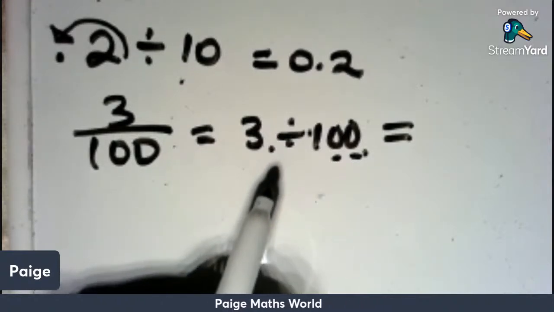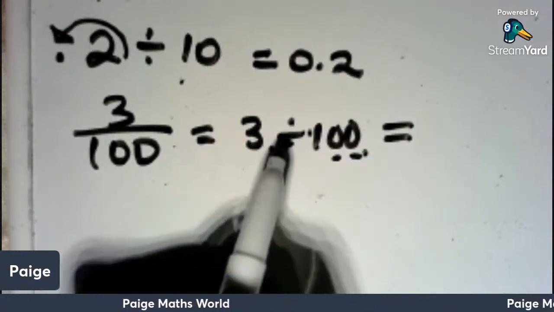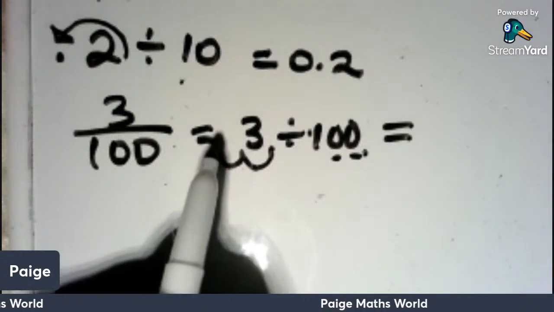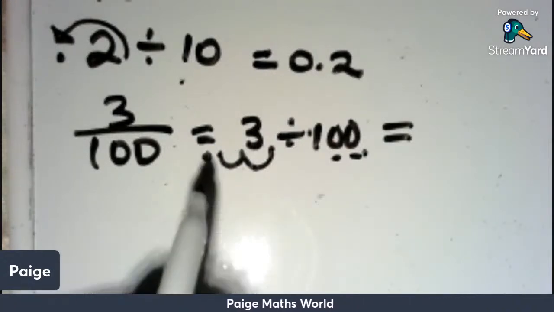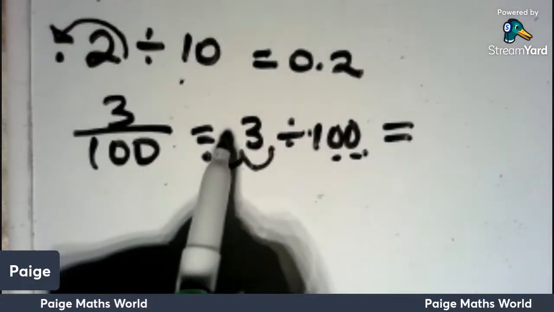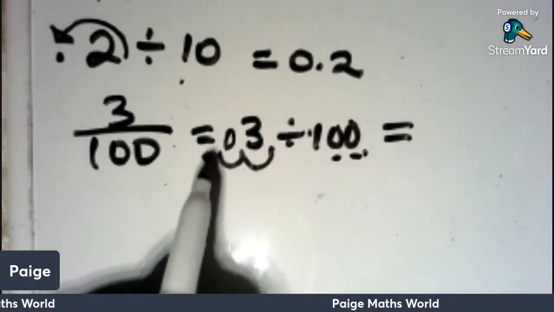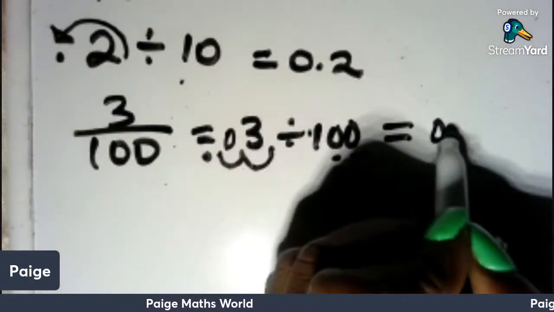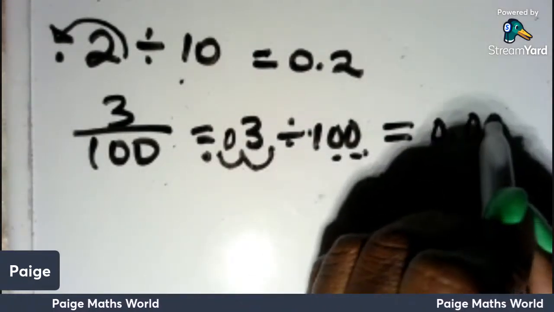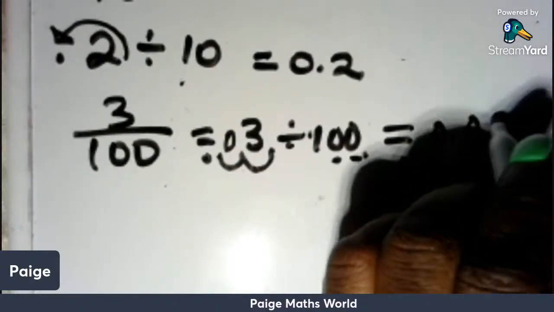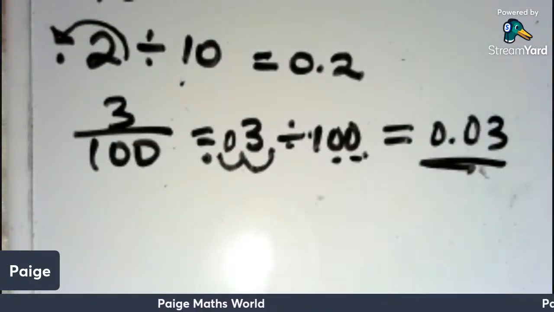So we're going to move from the right to the left 2 places. 1, 2. So our decimal point is going to be here. You have to put a placeholder in this, right? You're going to put a zero right there because it has to hold that place. And so your answer here is going to be 0.03. And so that's your answer for that one.